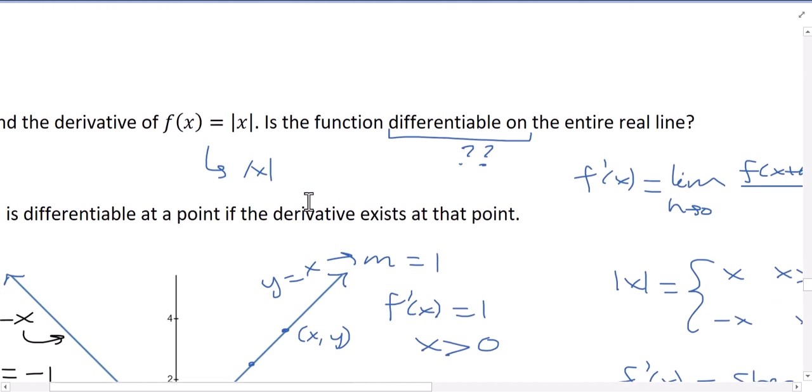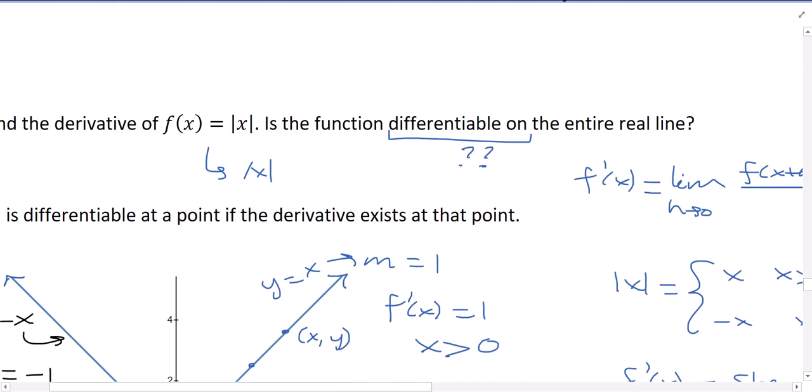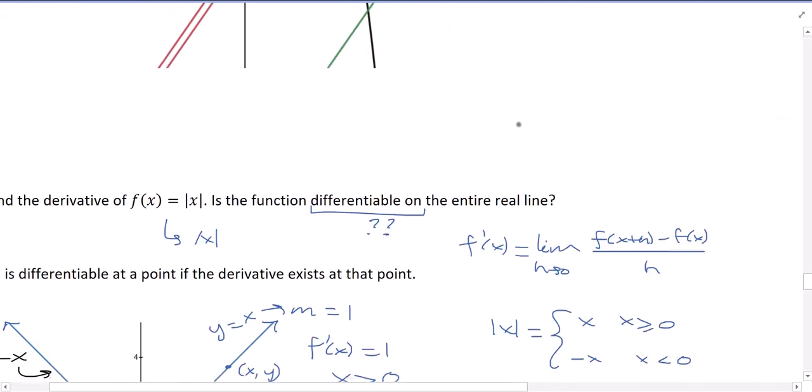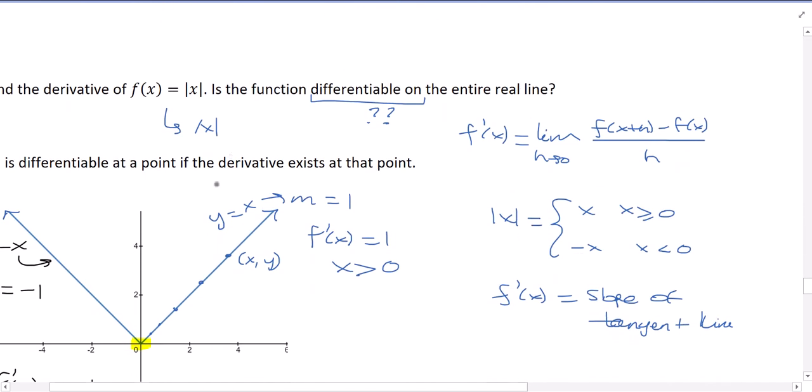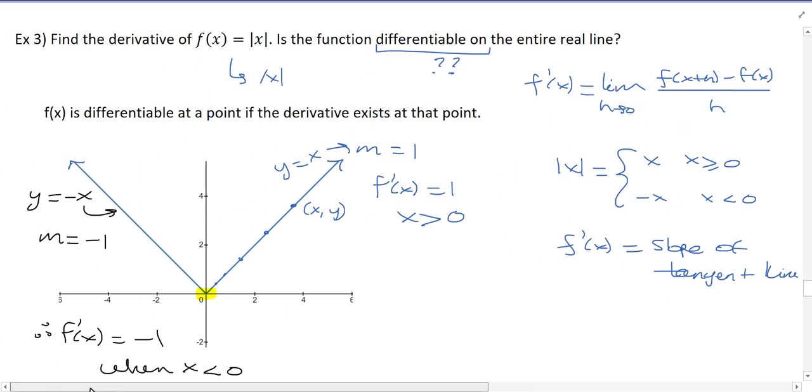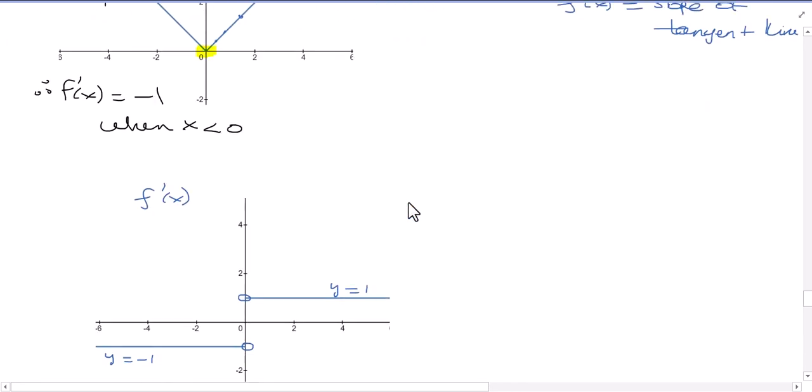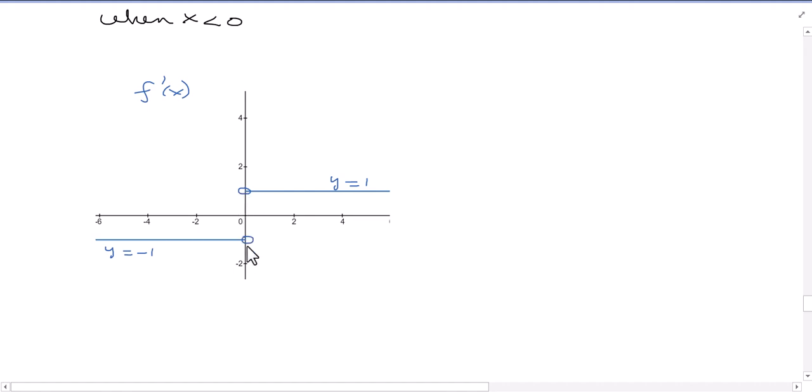Now notice that going back to the definition, we said f is differentiable at a point if the derivative exists at that point. Does the derivative exist at x equals 0?